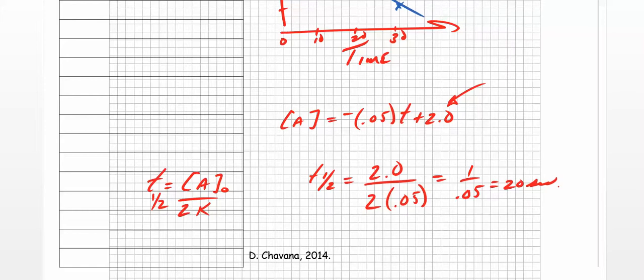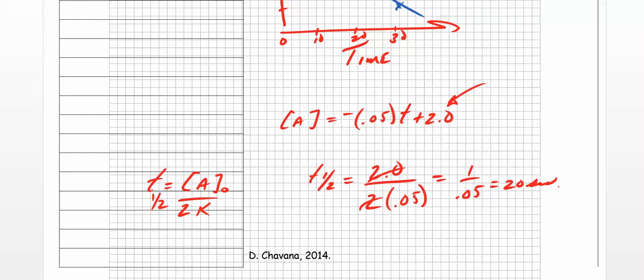So that's going to be 2.0 that I'm starting with divided by 2 divided by K, which is 0.05. That's equal to, let's see, 2 and 2 are going to cancel away, and I'm left with 1 over 0.05. That's equal to 20 seconds, right?